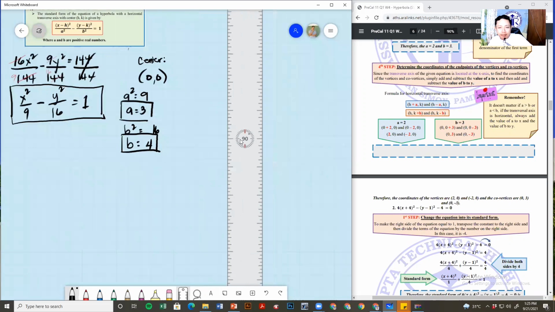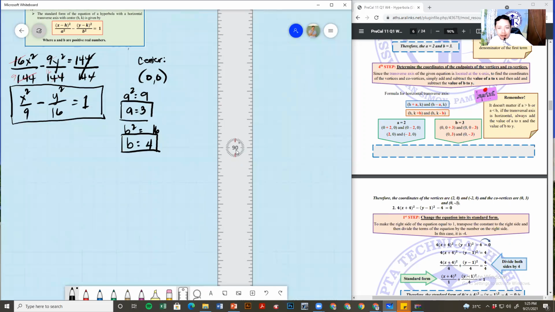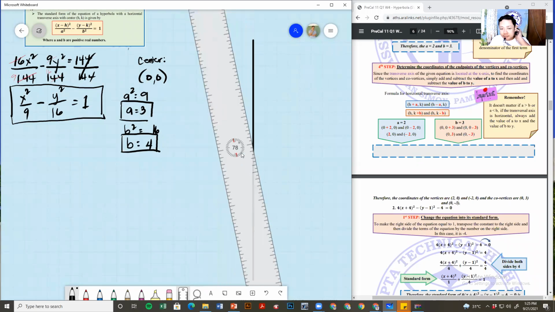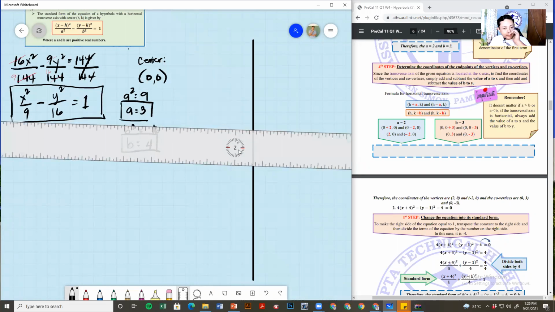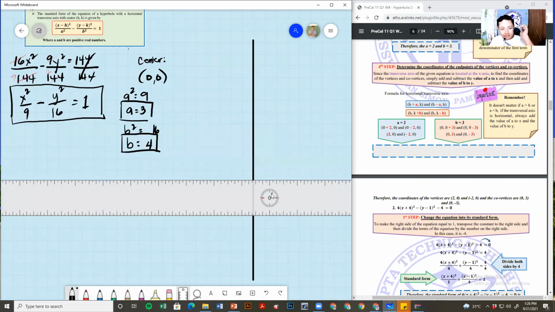Okay, let me now make my graph, my Cartesian plane.